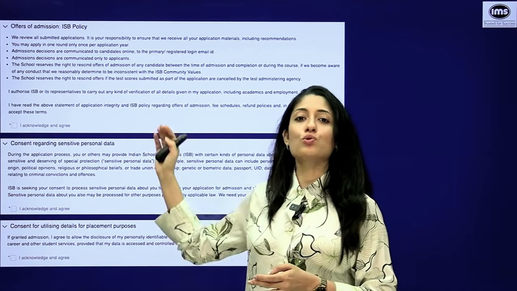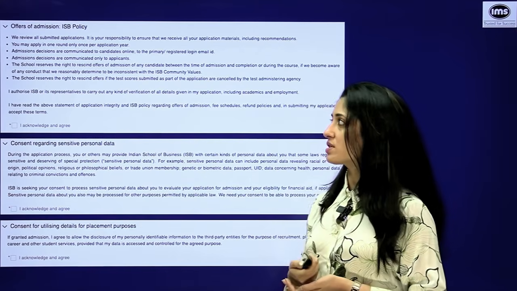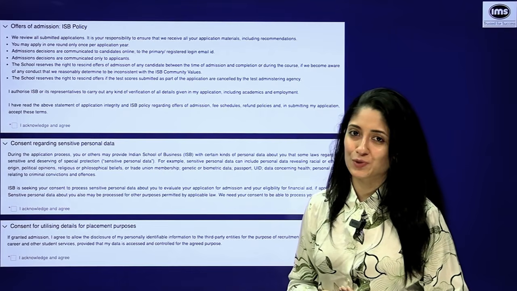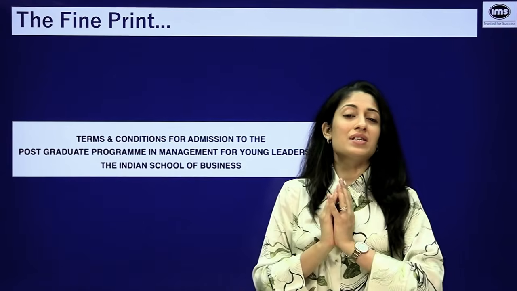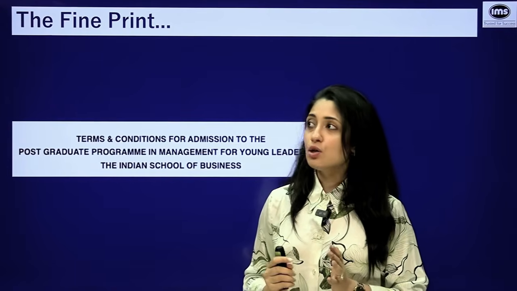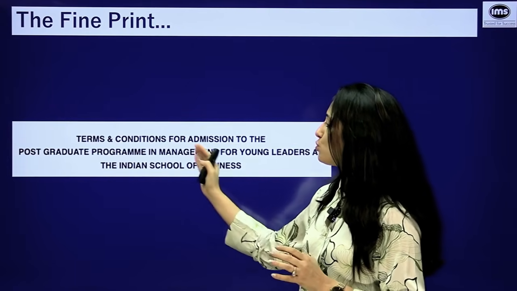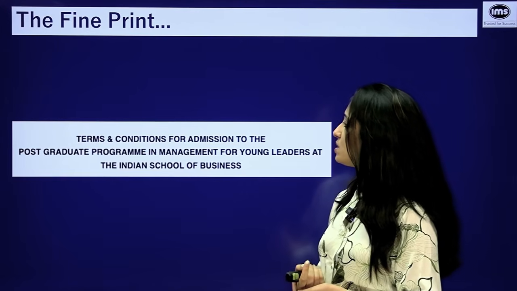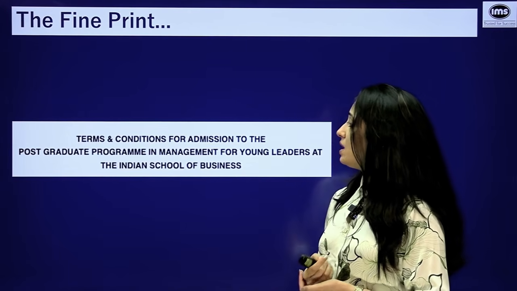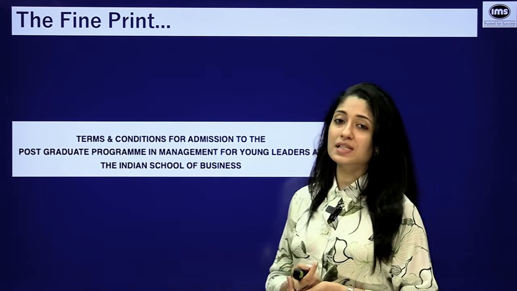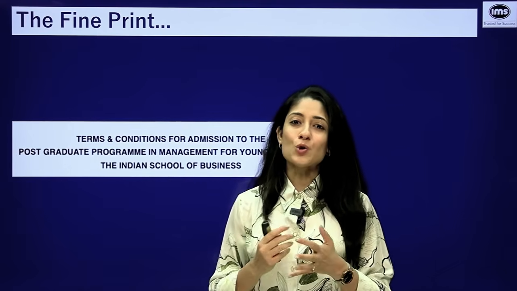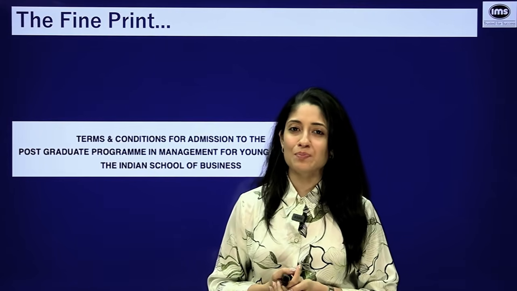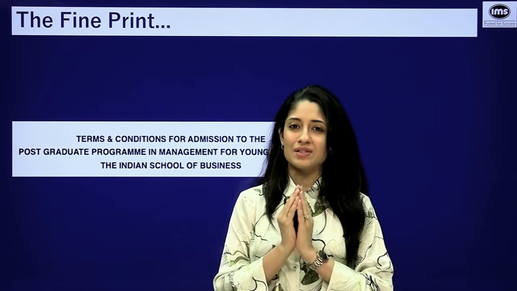So make sure you tick on all these check boxes to complete your application. So once you have done that, your application is completed. You will have a fine print which shows terms and conditions for the admission to PGP in management for young leaders at ISB. Once this is done, you will be redirected to the payment page, and that's what completes your application.